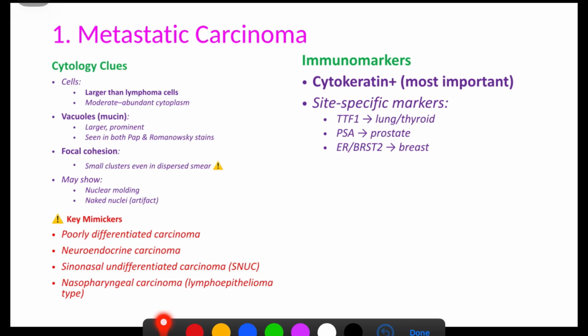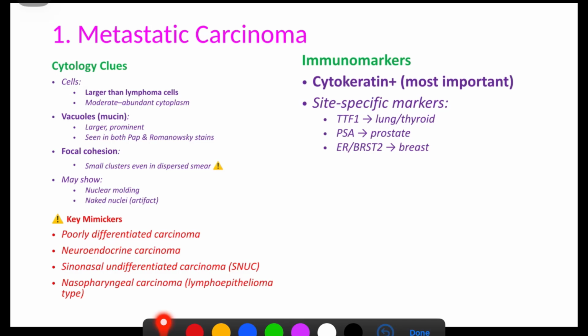So careful search for clusters will guide us to a metastatic tumor. Whenever we find nuclear molding and naked nuclei, we have to go for IHC markers, like cytokeratin, mostly positive in carcinoma. Site-specific markers we require are TTF1 for lung and thyroid, PSA for prostate, and ER and BRST2 for breast carcinoma.